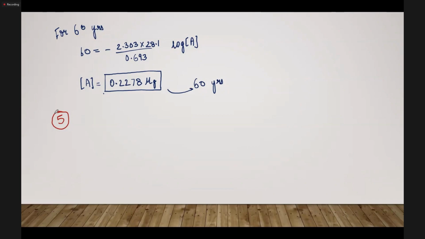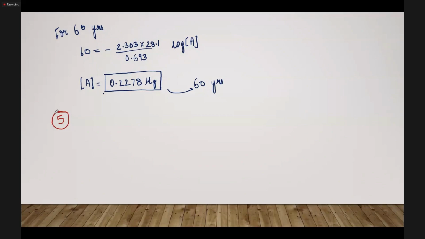So, in simple terms, the question is asking us to prove that if the time required for the completion of 90% of the reaction is T, then the time required for 99% completion is twice, it should be 2T.